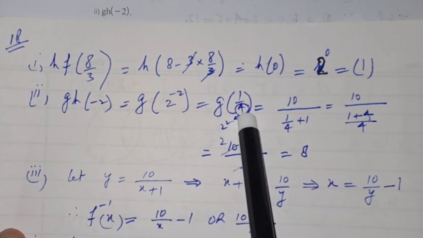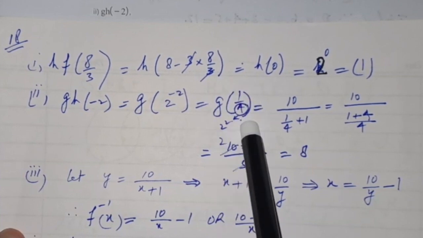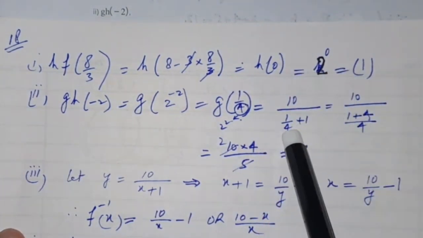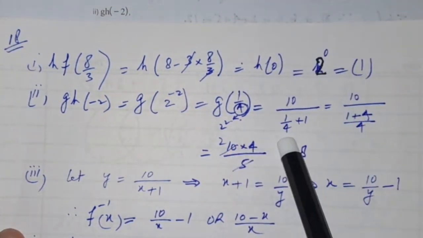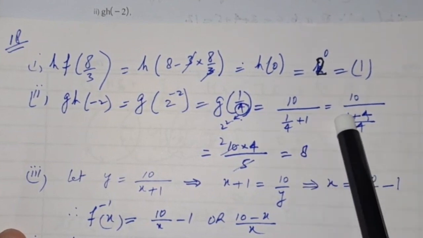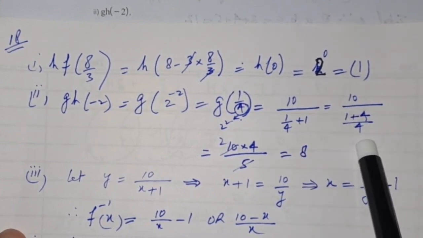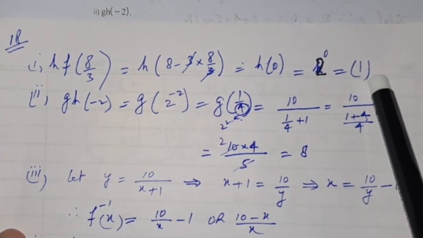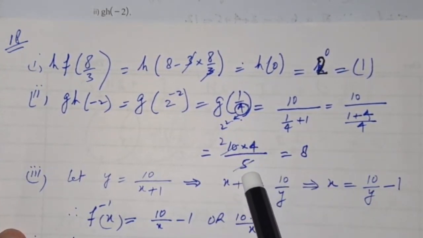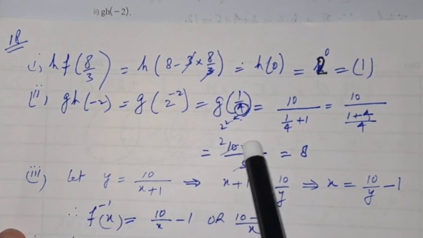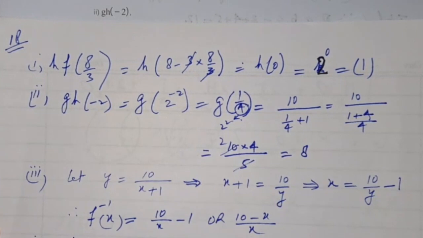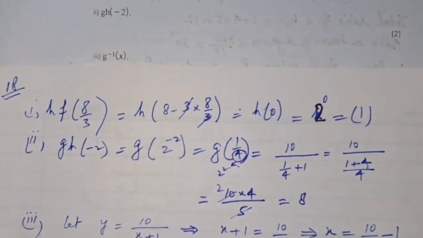And g of 1 over 4, the formula for g(x) is 10 over x plus 1, so for x here we place 1 over 4, which becomes 10 over, LCM is taken, 1 plus 4 over 4, and then 4 goes on top, and 4 plus 1 makes 5, so 10 into 4 over 5, 5 ones are 5, 5 twos are 10, 4 into 2 is 8, which is the answer for part 2, and you get 2 marks for this.